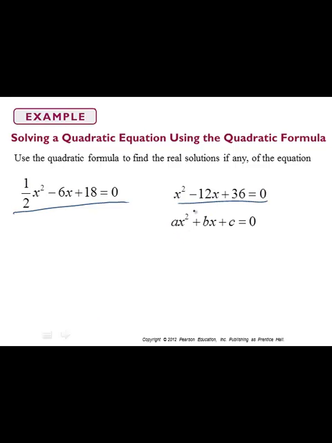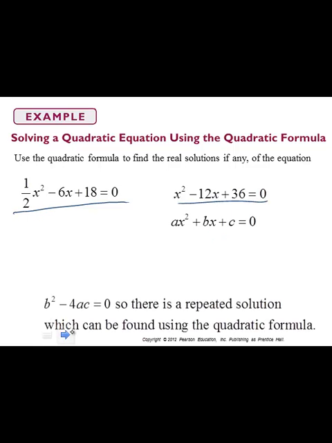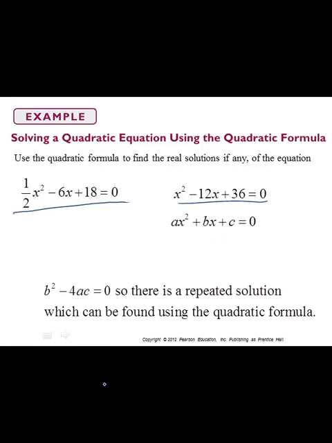Here a is 1, b is negative 12, c is 36. So plug those numbers into the quadratic formula. Before we do that, though, let's just take a quick look at our discriminant, b squared minus 4ac. Now b squared is 144 minus 4 times 1 times 36.